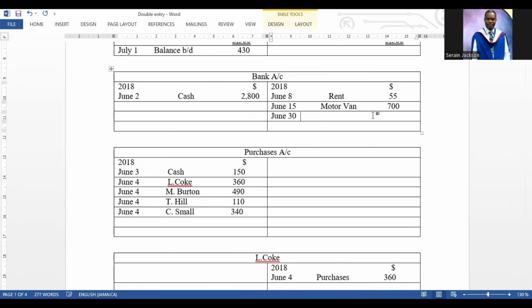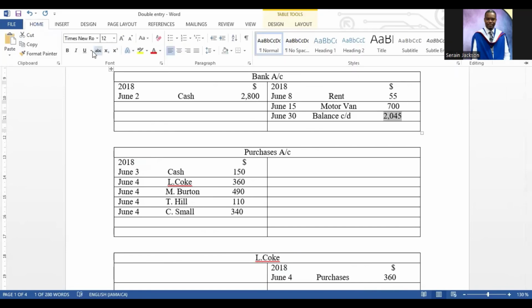So June 30, balance carried down, and the amount is 2,045. That's the third step. Fourth step now.